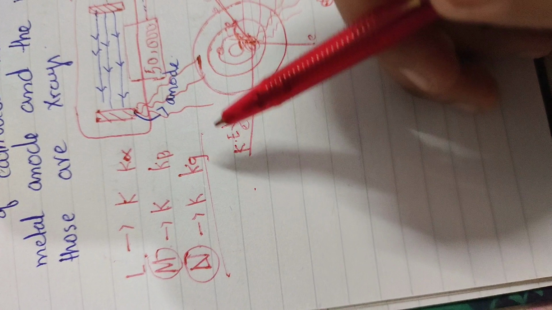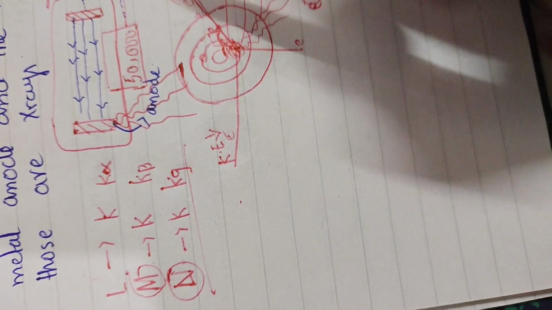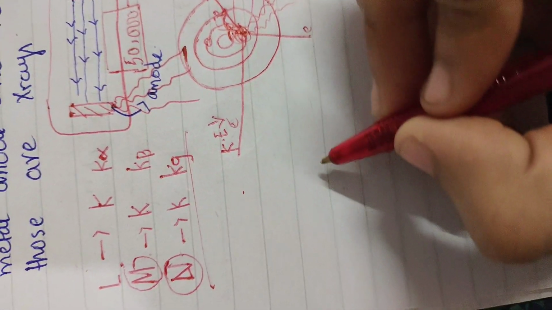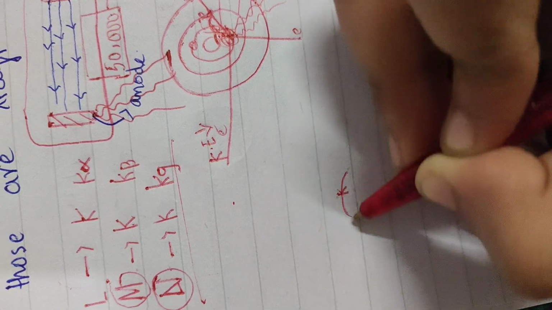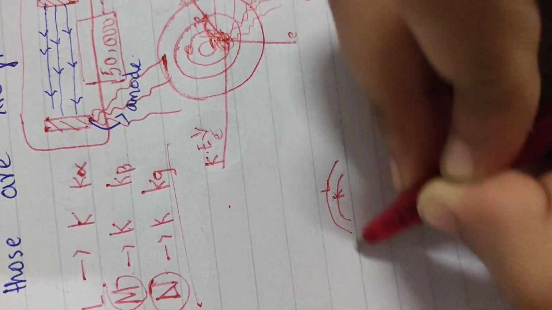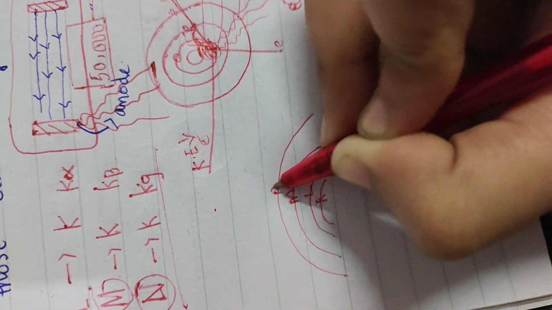Now we're gonna talk about another example, that will be the L series. For example, this is the K shell, this is the L shell, this is the M shell, and that is the N shell.